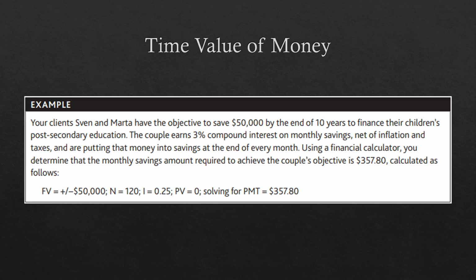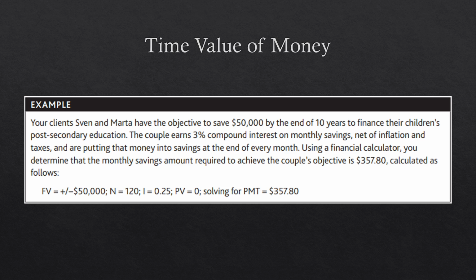Your interest rate is the 3% divided by 12. Whenever there's an interest rate, it's always the annual rate, so you'll want to convert it to a monthly rate by dividing it by 12. And it says net of inflation and taxes. They're putting that money into savings at the end of every month.